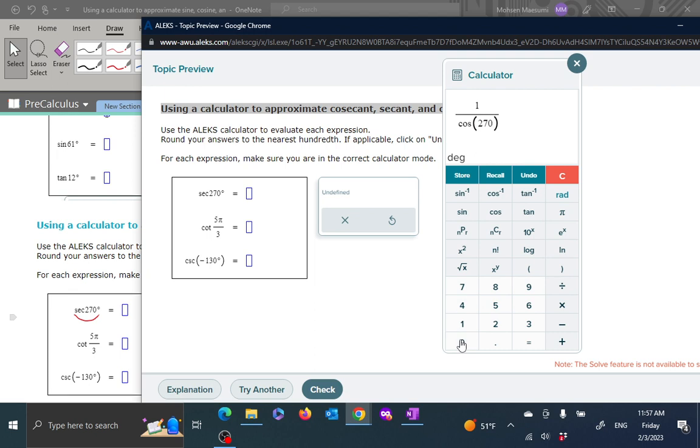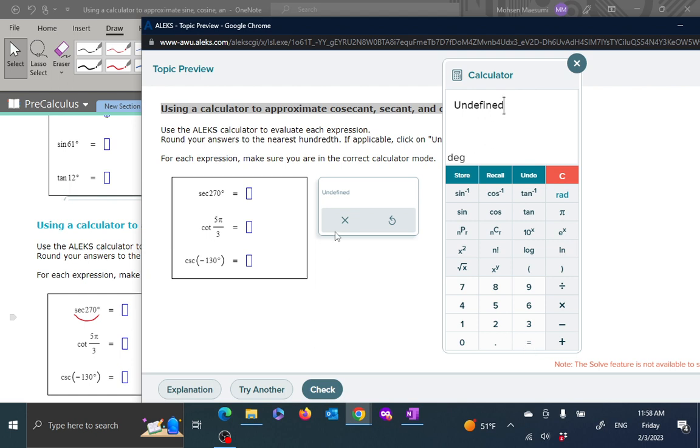Well, you remember what was cosine of 270 degrees? That was of course 0, so 1 divided by 0. Let's see if we get a flag. Okay, yeah, we got a flag because you are dividing by 0. 1 divided by 0 is undefined.